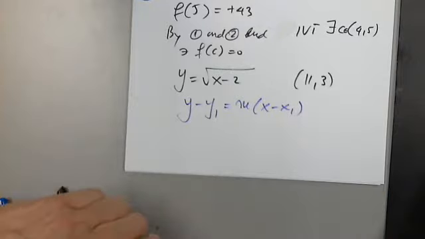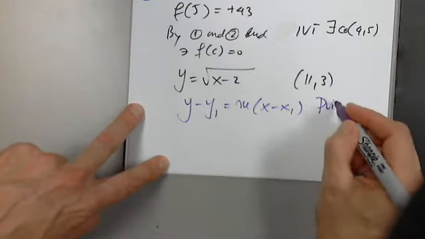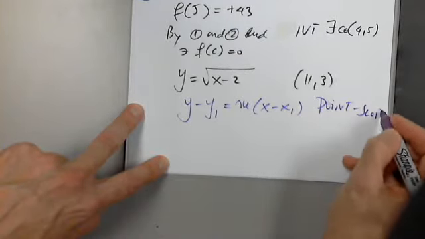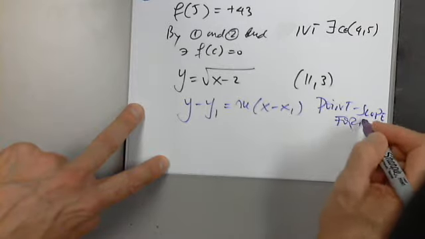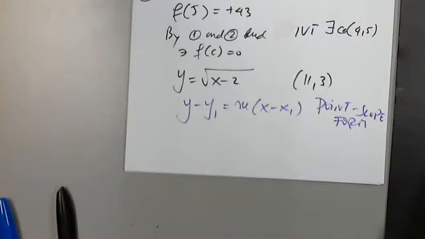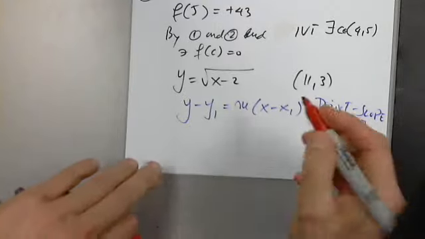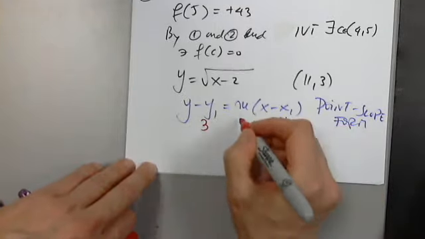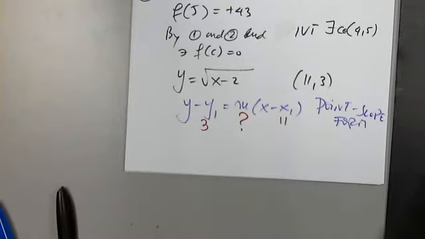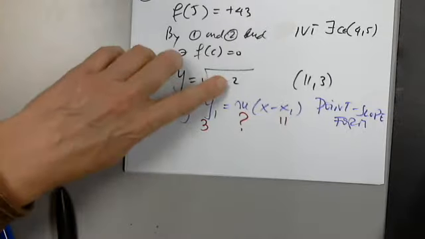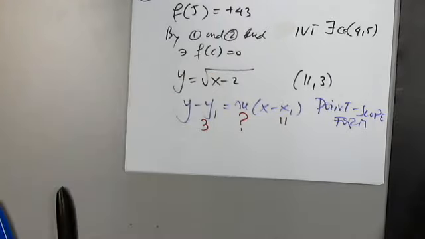This is the point slope form of the equation of a line. I do have a point which is 11 and 3, but I do not have the slope. Because I don't have the slope, I have to find the derivative of this function. And what will I plug in to determine the slope?